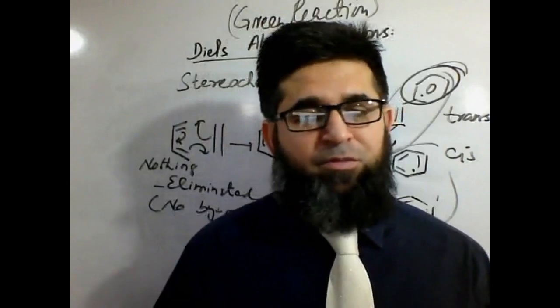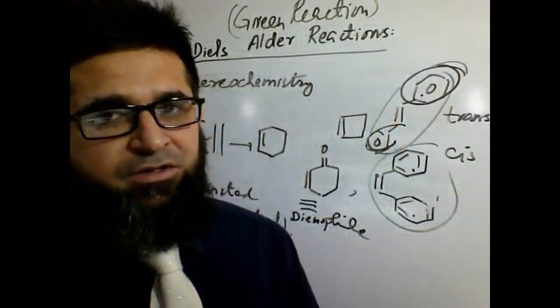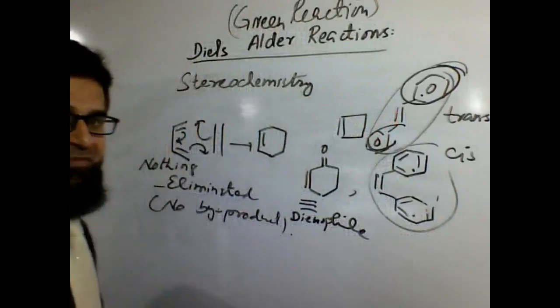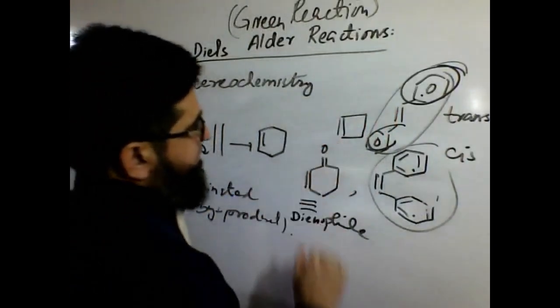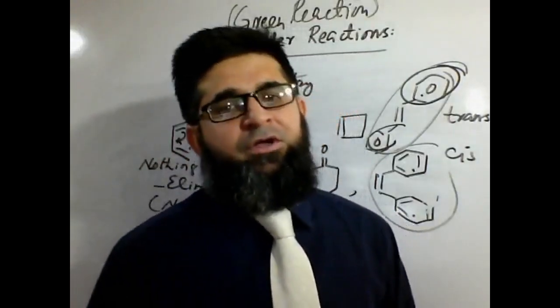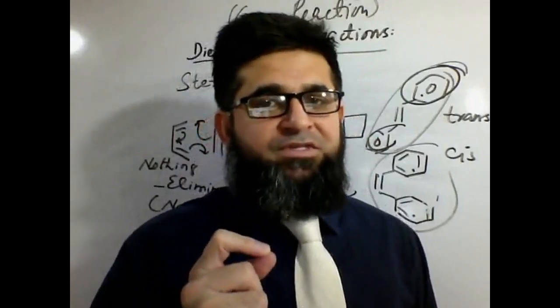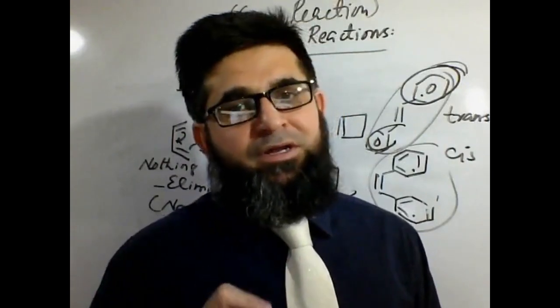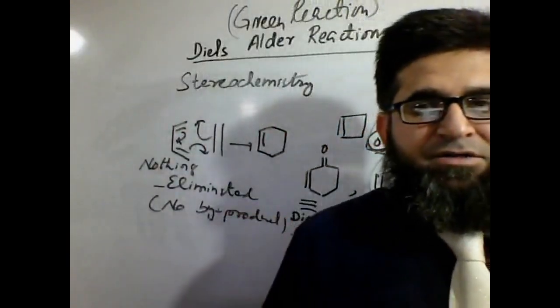No byproduct formation is involved. The main advantage is that you can generate a ring in a product in which the reactant does not carry any cycles. So this is the main advantage of this reaction.